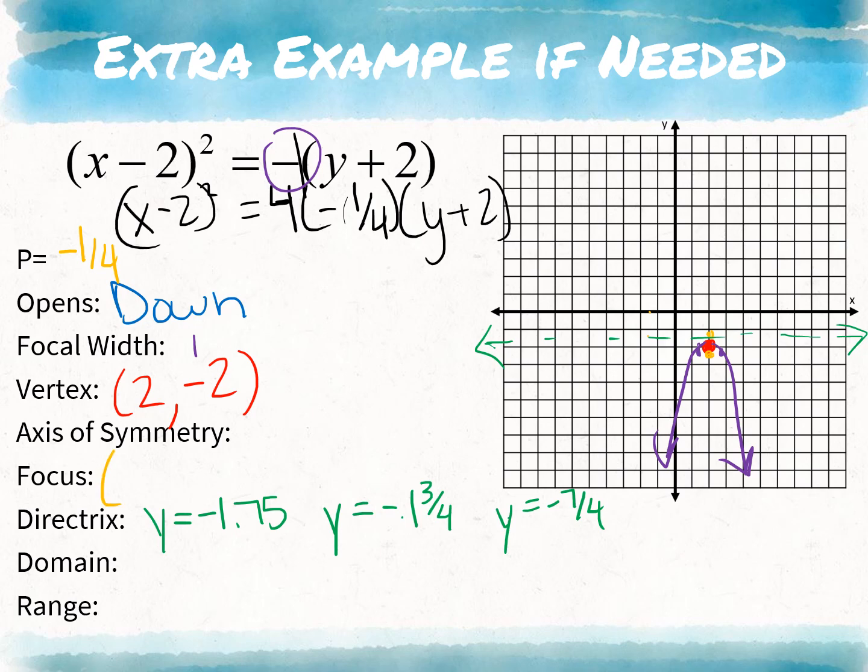My focus has the same x value as my vertex, 2, and negative 2 1/4. I'm open to how you write that. So very, very skinny. Domain, forever. Range, bottom to top. Okay. Oops, sorry, that should be a negative 2 though. So I just wanted to throw this example out there to remind you that you can have very small numbers. You might have a p-value that's a fraction. That's okay.